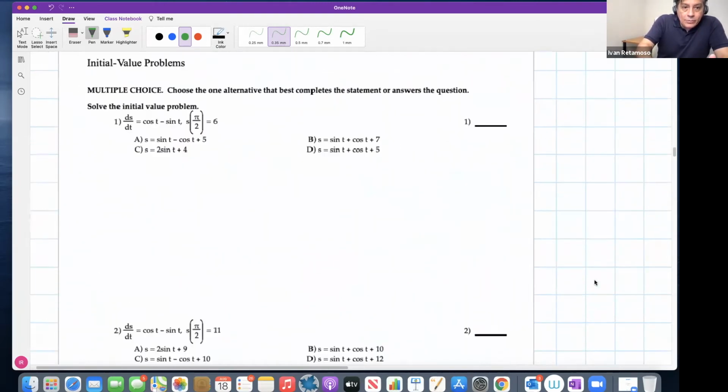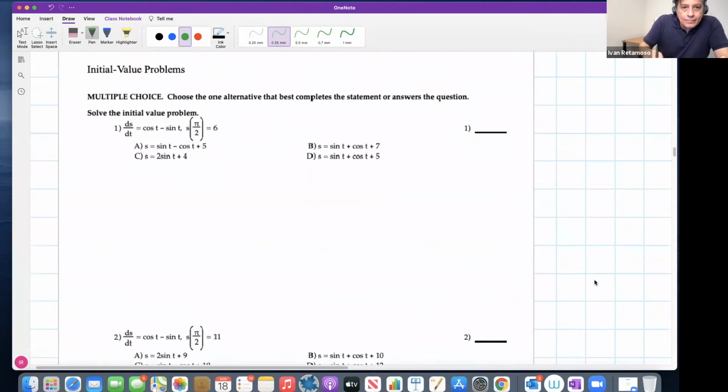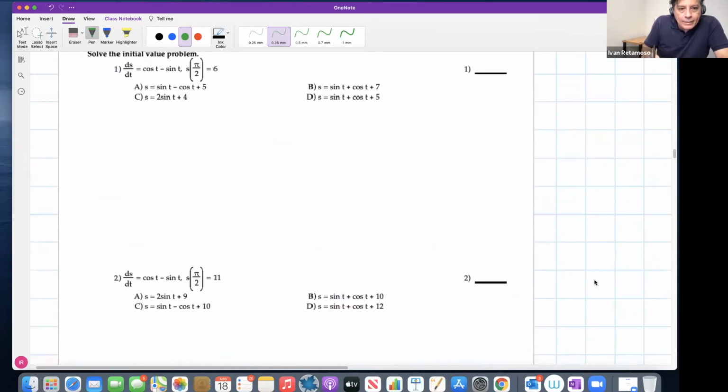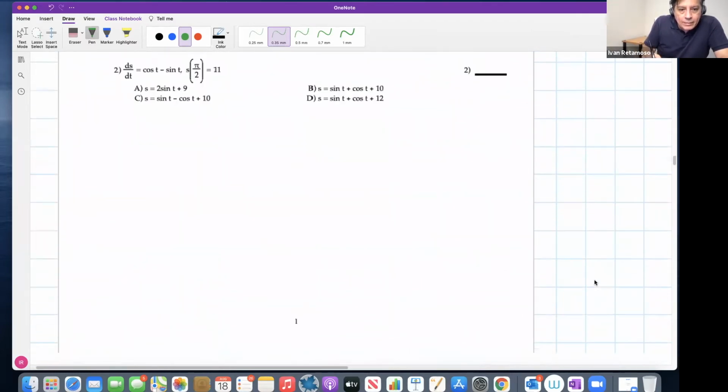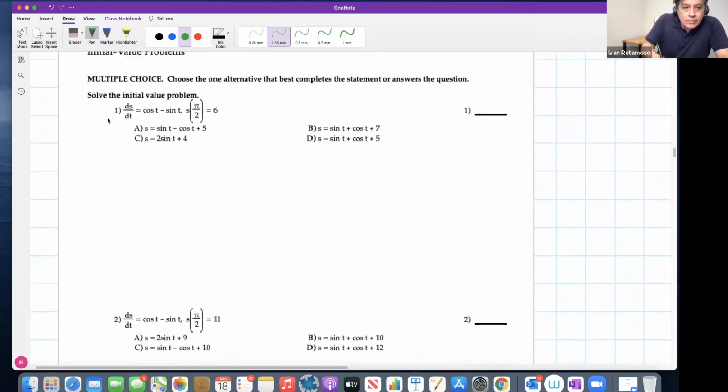Okay, can you try this? It's a little bit tricky, there are 2 functions. Maybe I should do one for you and then I will ask you to do number 2. Let me show you how we can solve this initial value problem.